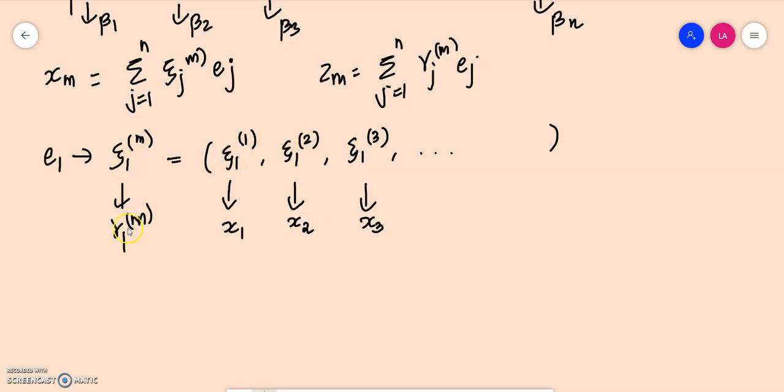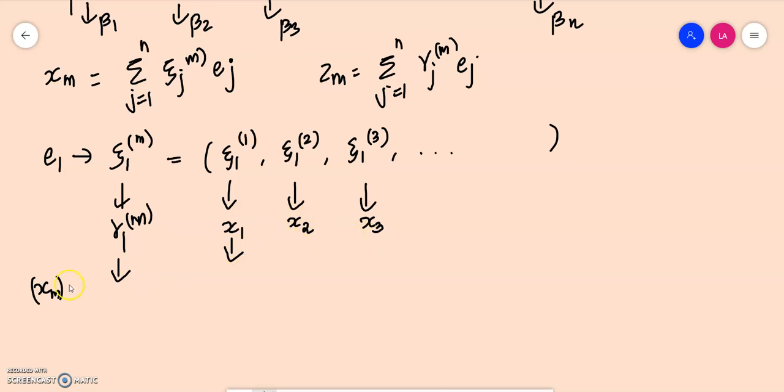If the subsequence contains the term theta_11, then the corresponding subsequence of x_m contains the term x_1. If it contains theta_12, then the corresponding subsequence of x_m contains the term x_2. If gamma_1m does not contain theta_12, then the corresponding subsequence does not have the term x_2.